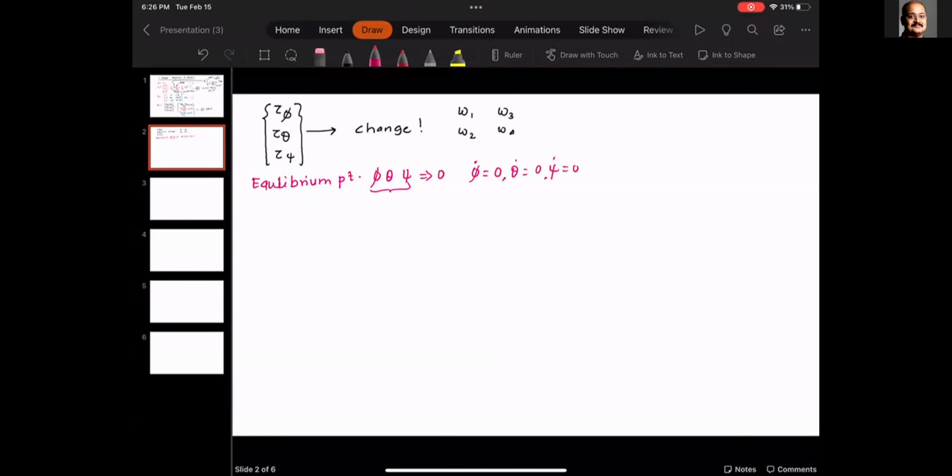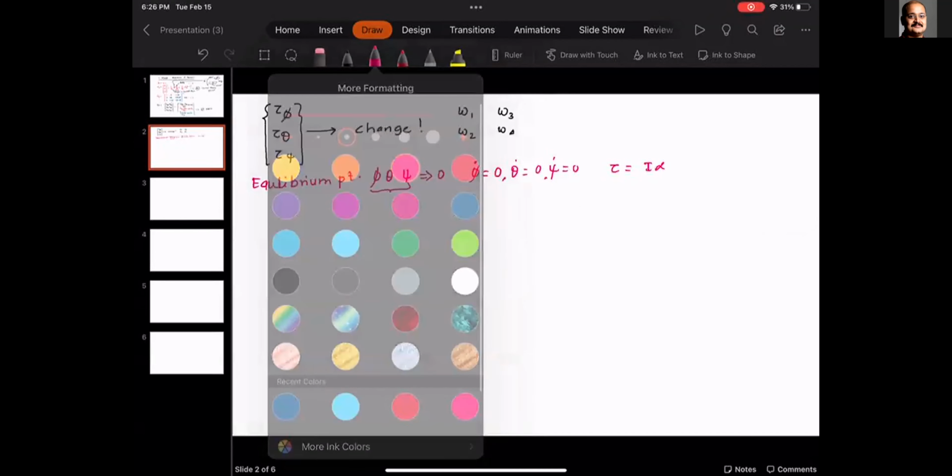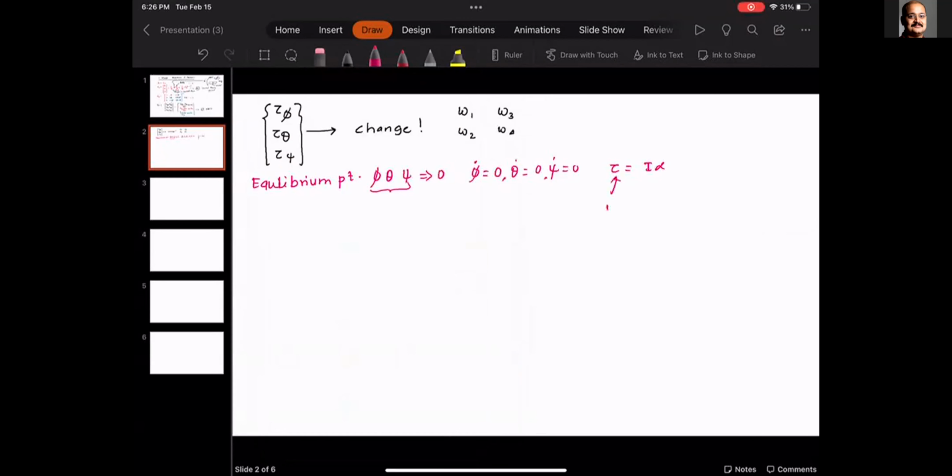So the torques are actually defined as I multiplied by alpha. So basically, T is equal to I alpha. If I use this, this is the value of torque.